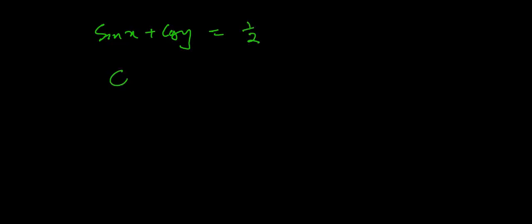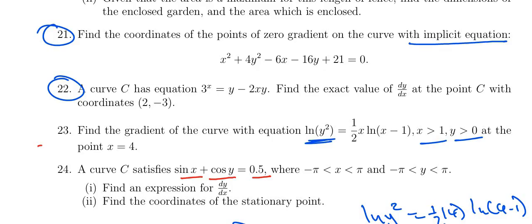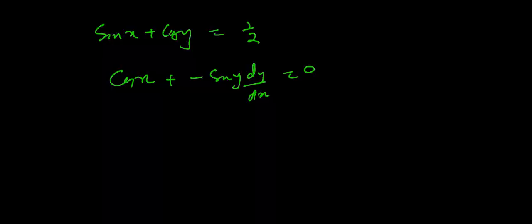Differentiate this part, you get cos x. Differentiate this, you get negative sine y with a dy/dx, is equal to 0. Then they're asking us for an expression for dy/dx.